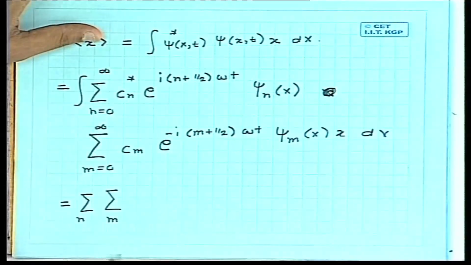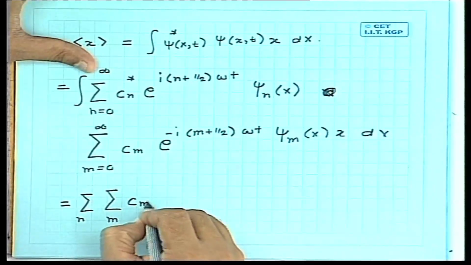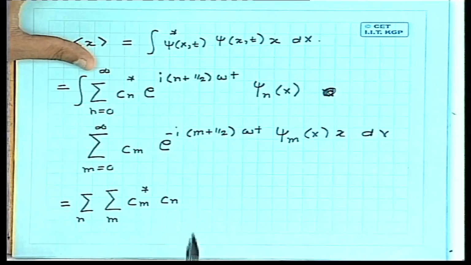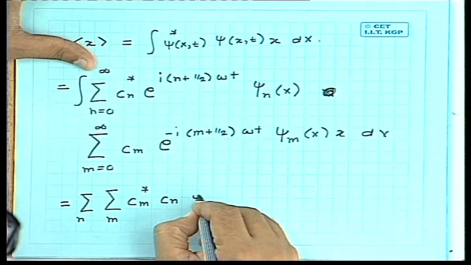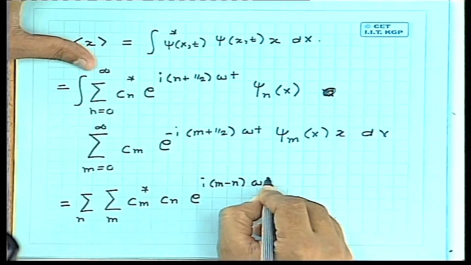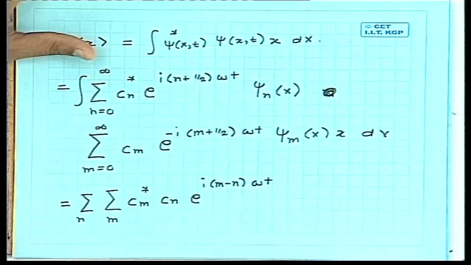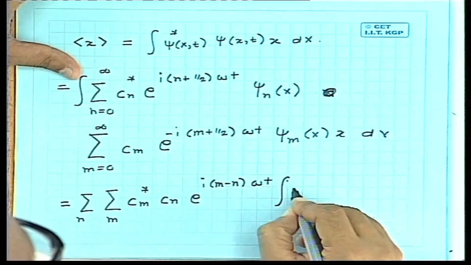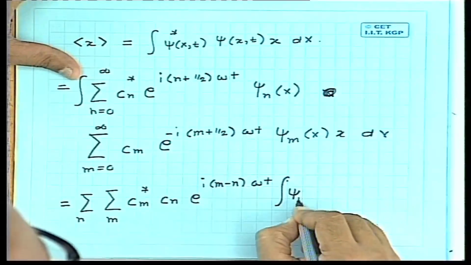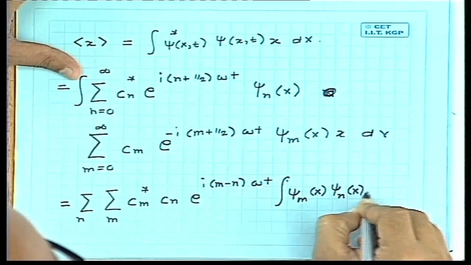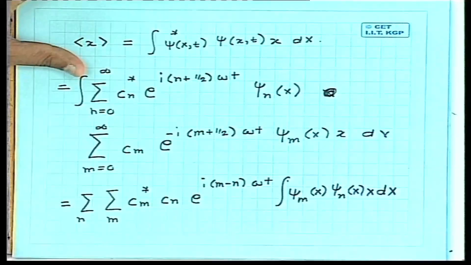Then I have Cm star into Cn, and if you consider these two terms, what we have left is e to the power i m minus n omega t, because these factors of half cancel out. And then we have the integral, psi m x psi n x x dx.